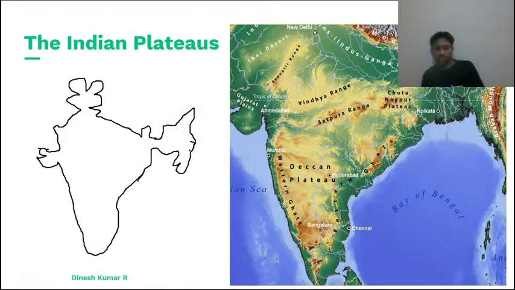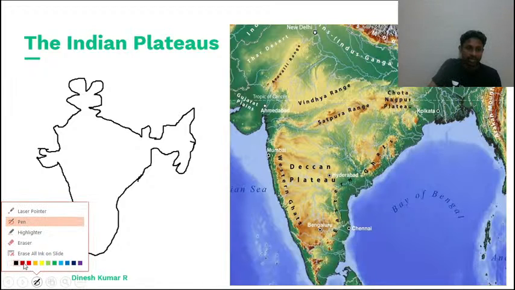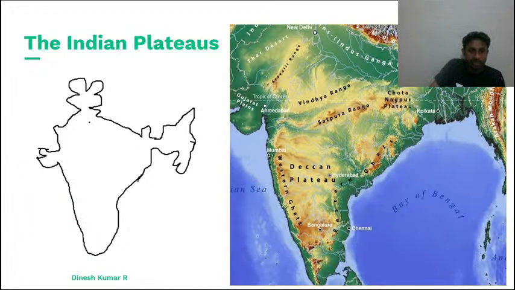Okay, roughly suppose this is my India. On this map, if I want to locate some of the mountains that are part of the plateau, what are they? So these areas will include, I will say this one is my first area, that is my Aravalli mountain. So this is my first area, 1. This is my second area, 2.